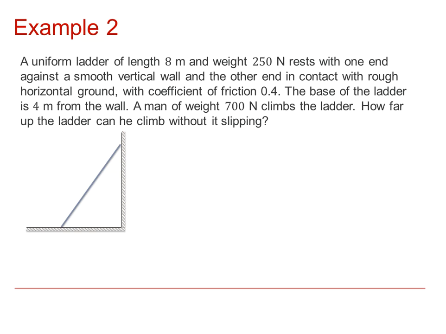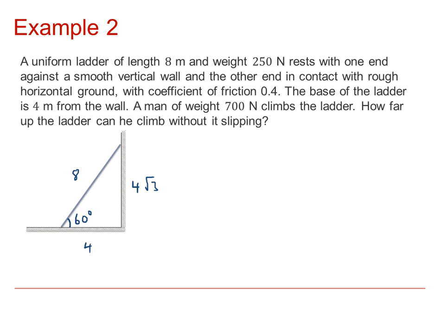In this second question, the ladder is again 8 meters long and initially 4 meters from the wall, so that we have the same situation where this is 8, 4 and 4 root 3, and the angle here is 60 degrees.